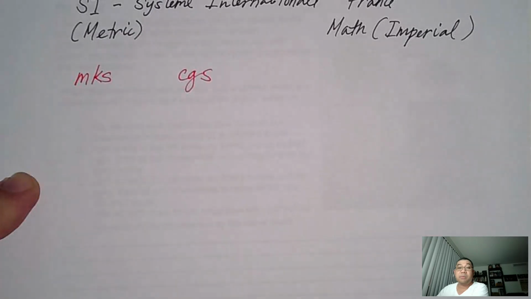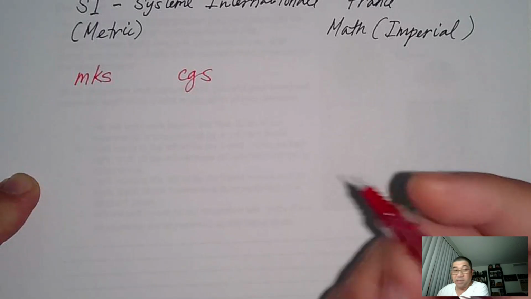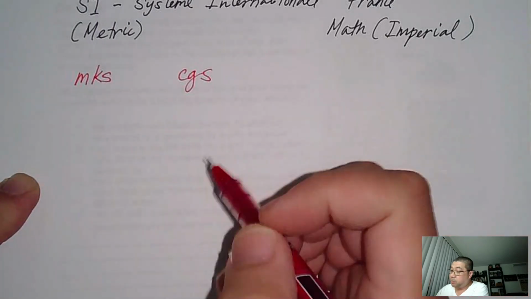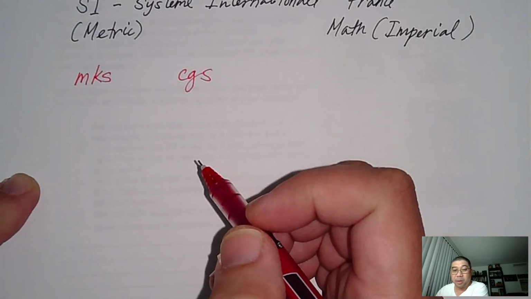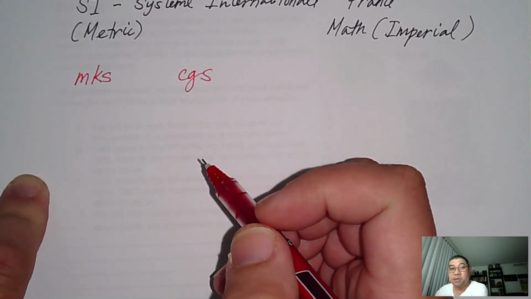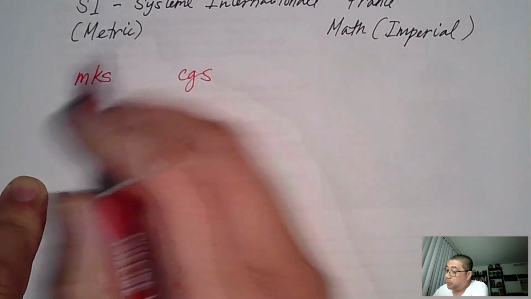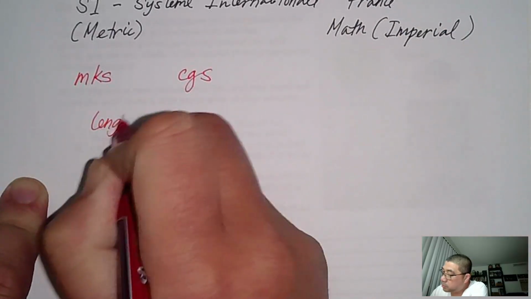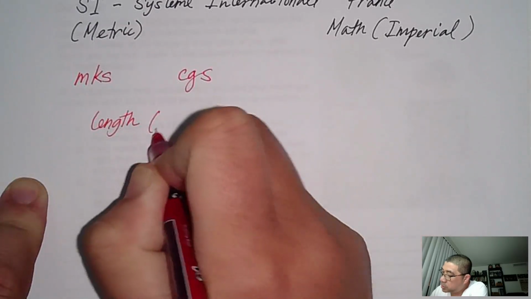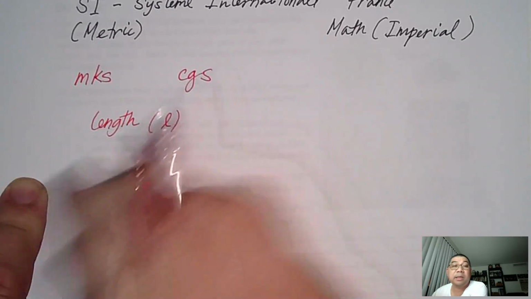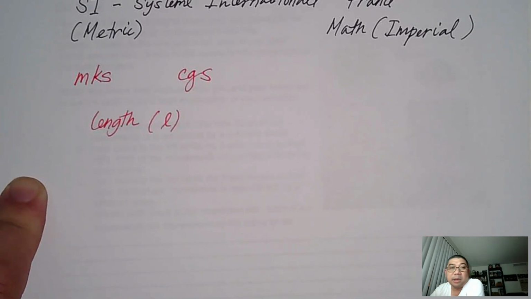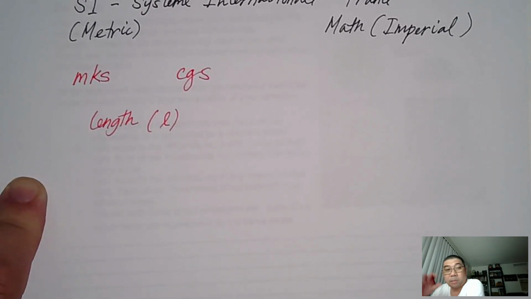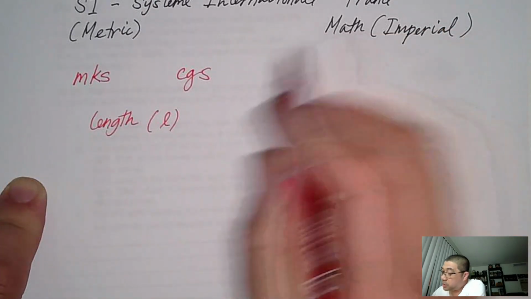But what are some of the basic physical properties that we measure? First one is your length, also represented by L. Length is also distance.